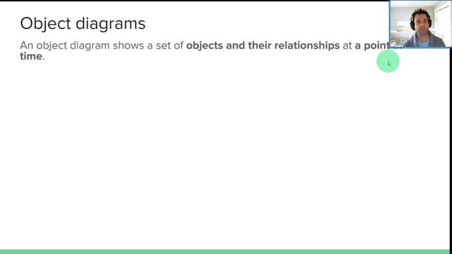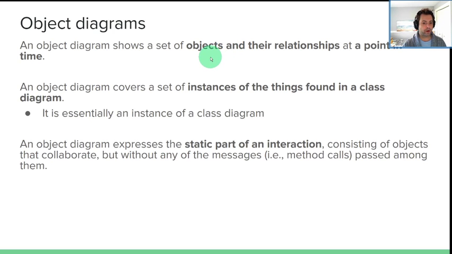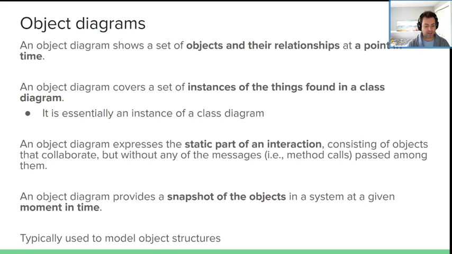And the point in time is basically just meaning that, okay, we have realized this diagram. This is what things look like currently. So this is where we are taking the class diagram that you have slaved over and put all this effort into, and let's just use them and create something, okay?